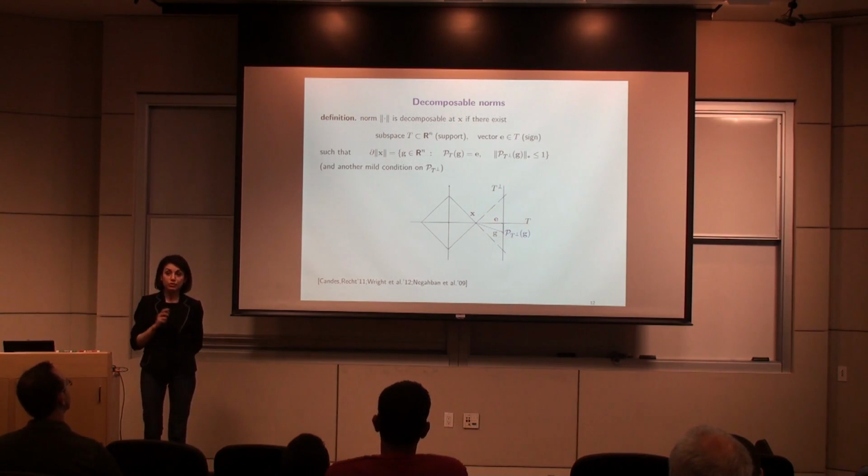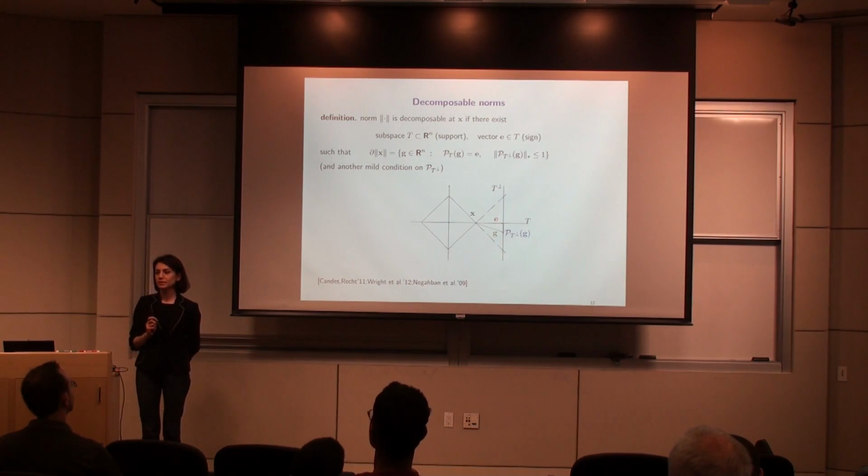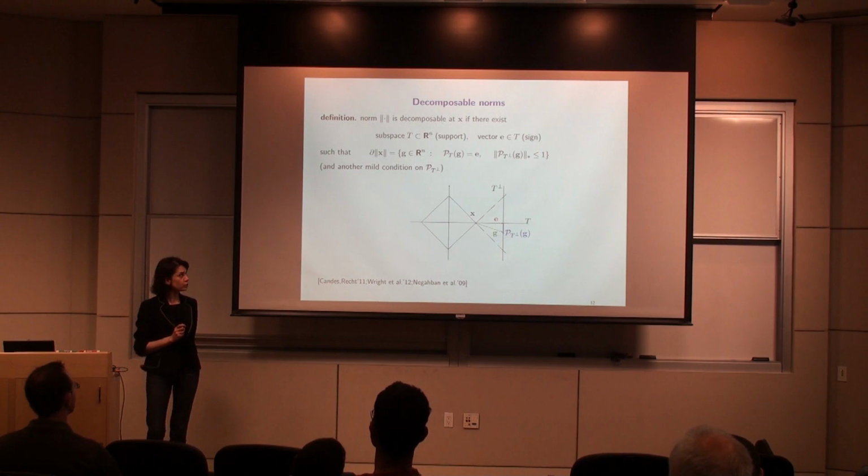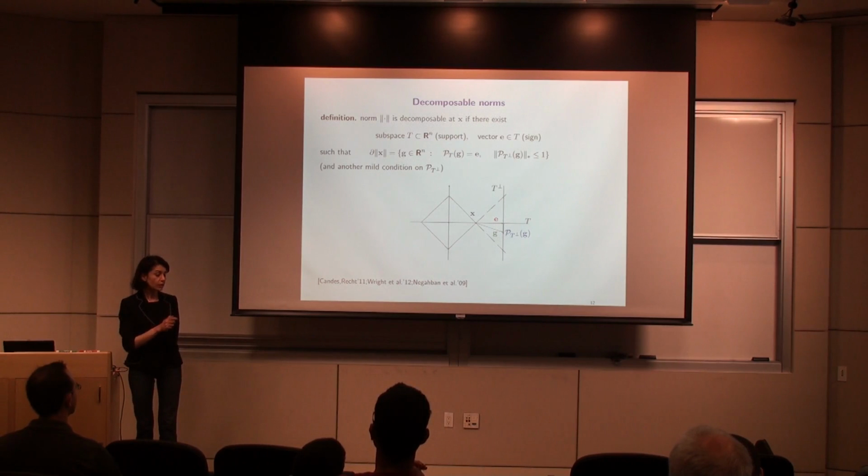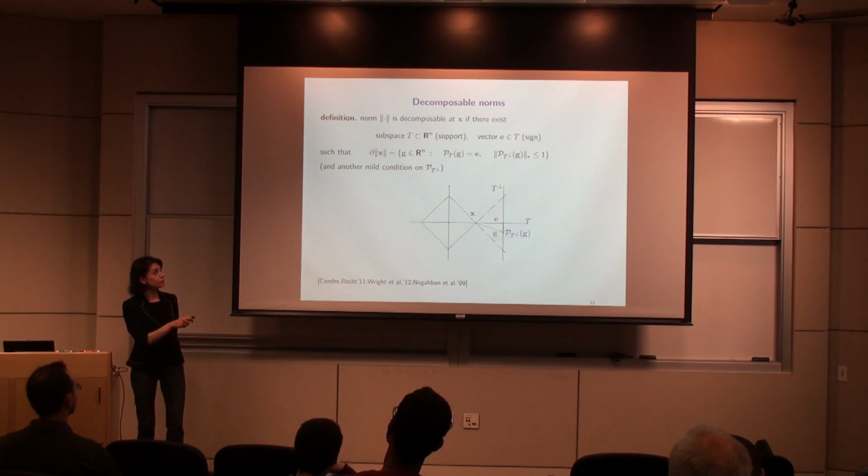We are going to look at general norms, but these norms have to satisfy a few assumptions that are not very strict, because all the known norms that we typically work with satisfy them. We assume that the norms we are using are decomposable.